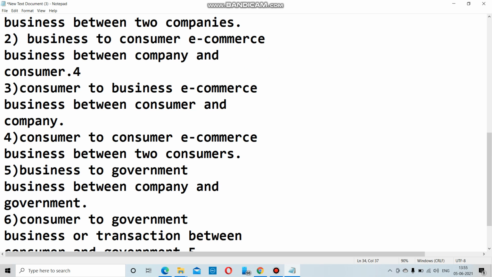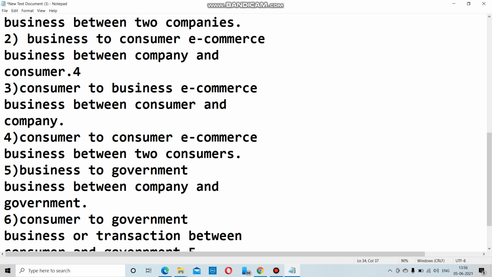Then the fifth type is business to government e-commerce. It is a business between company and government. A company can directly sell their goods and services to the government of any country.